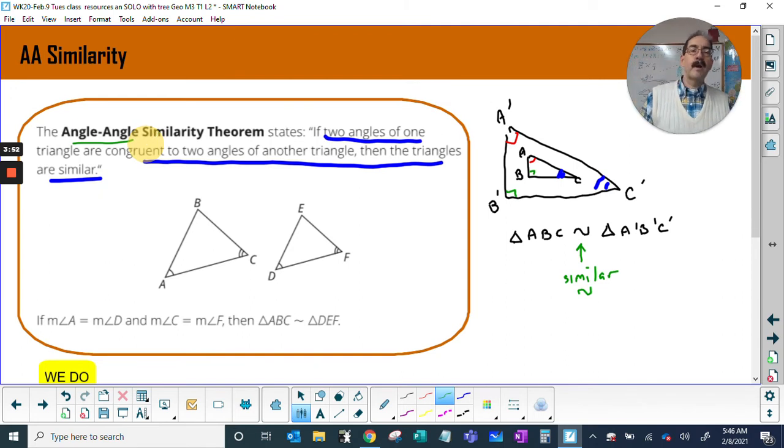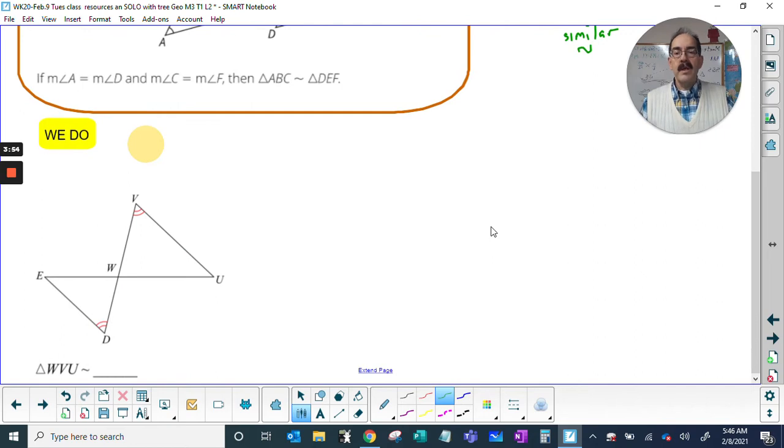Now, here's one. I want you to study it. Do I have enough information to say this is similar? Study and think. Is this similar?